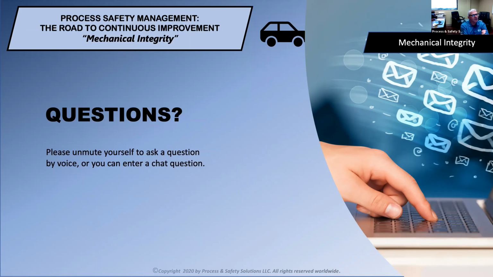Must all vessels have internal inspections conducted? Again, if you're following your RAGAGEP, and let's say it's API 510, then internal inspections need to be conducted. Now, the frequency of those internal inspections will vary. Also, we're seeing quite often that the tools used for internal inspections, especially for vessels, have changed.